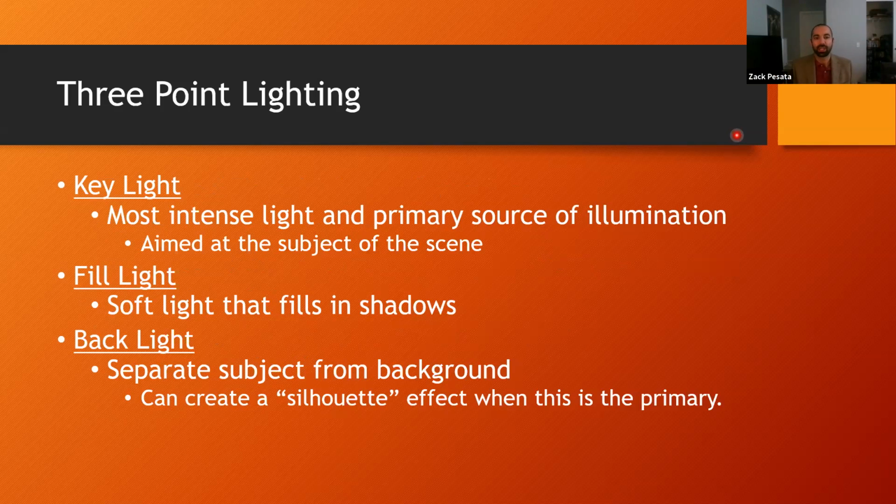And a lot of lighting setups will show you the key light, and they'll do so with a practical source in the frame. It's just going to simulate that and say, hey, this is the strongest light source. And then the lighting design takes that reference. The fill light is a soft light that fills in the shadows left over from the key light. And the backlight separates the subject from the background. We'll talk about silhouette effect in a little bit.